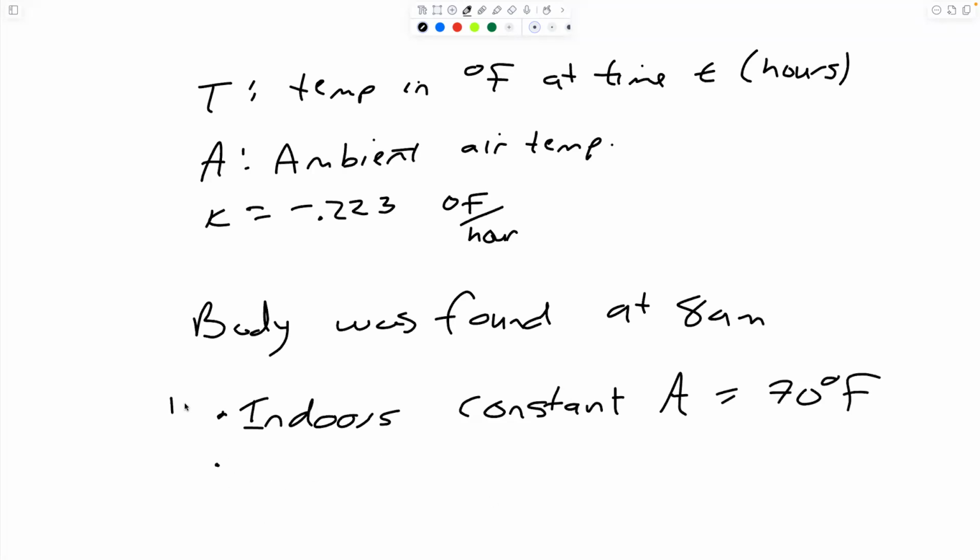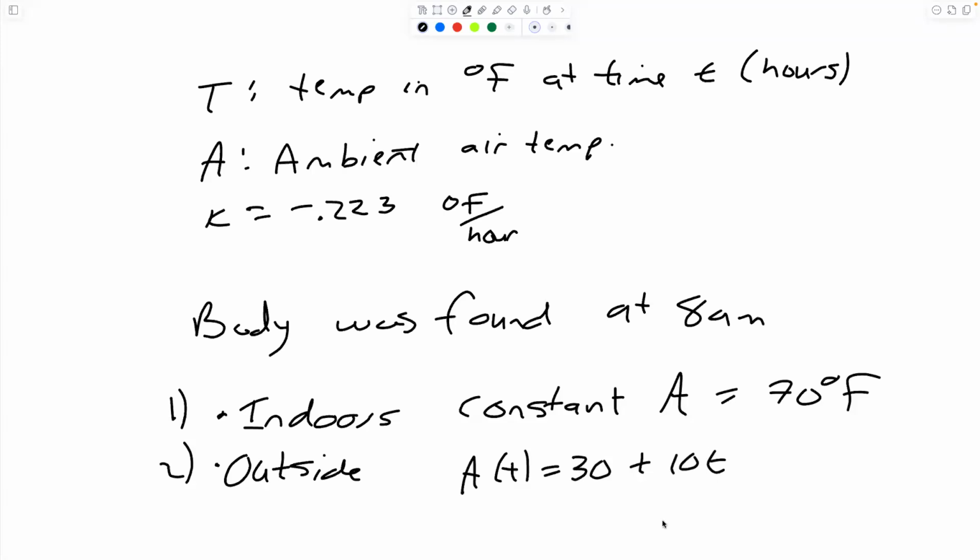Scenario two, so that would be one, two, let's say outside where A is a function of time now. It's going to be increasing linearly. So maybe A of t started pretty chilly and has been rising.